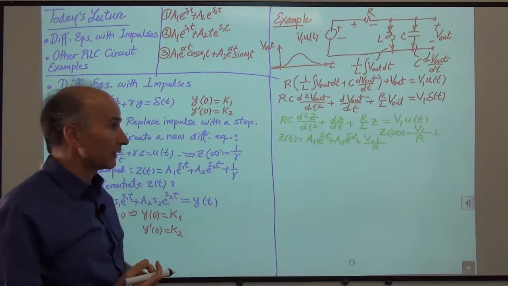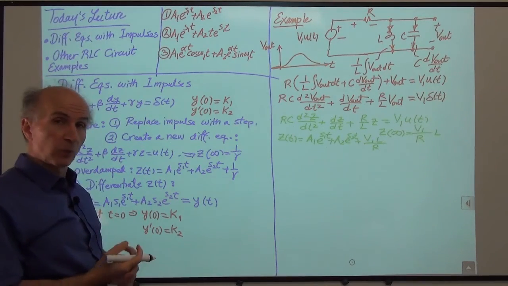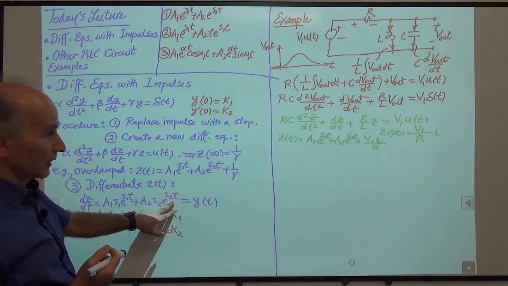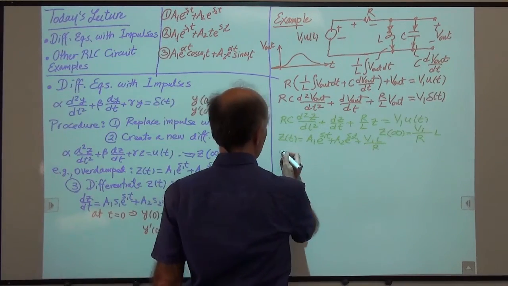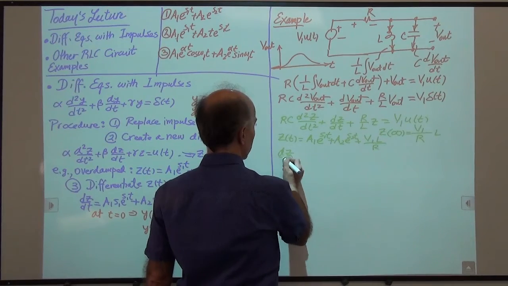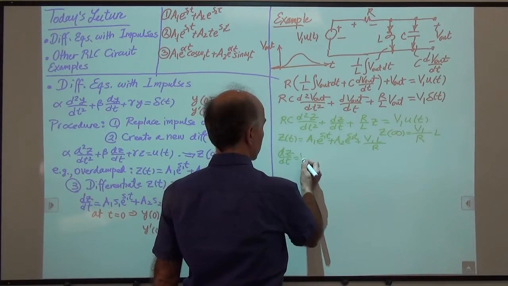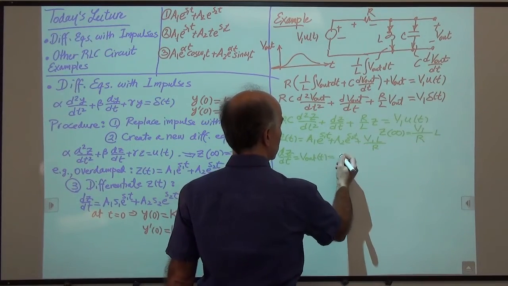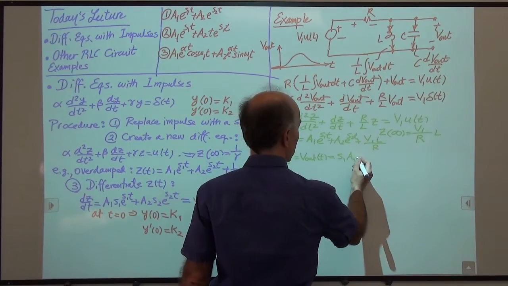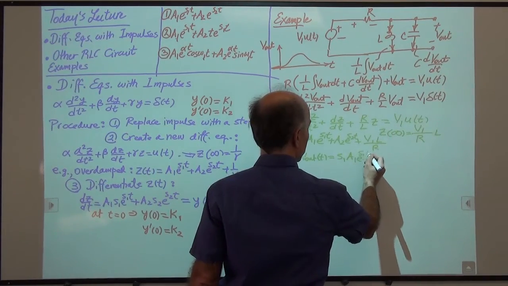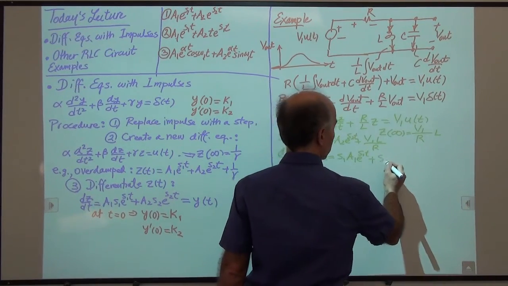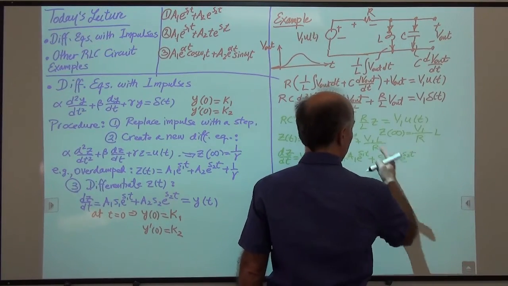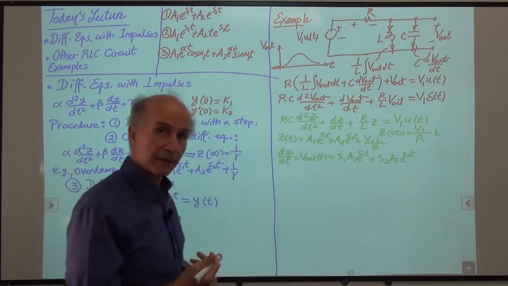All right, now we differentiate this to find V out of t, because that's what we decided to do. So dZ over dt, which is the output voltage we are looking for, is equal to S1 A1 e to the S1t plus S2 A2 e to the S2t, and then the constant goes to 0, so we're done with that.